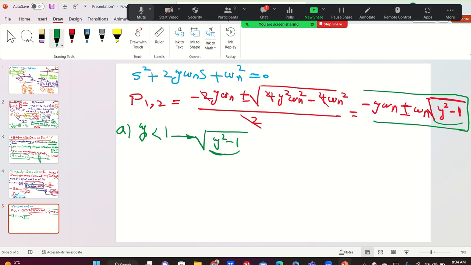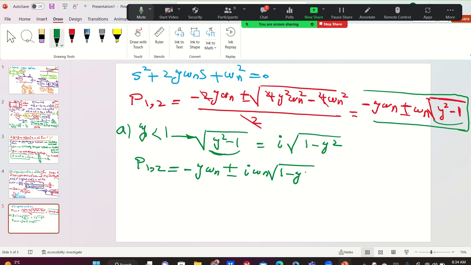So we don't have the root square of a negative, so you have to write it like this, i times the square root of 1 minus zeta squared. So the poles of the system, if your system is underdamped, become minus zeta omega n plus minus i omega n times the square root of 1 minus zeta squared.